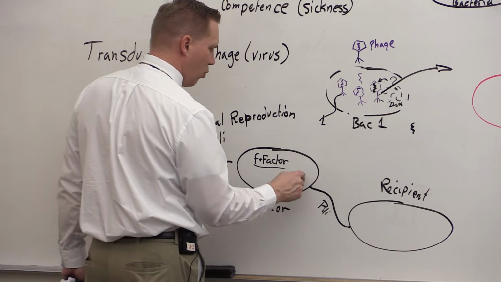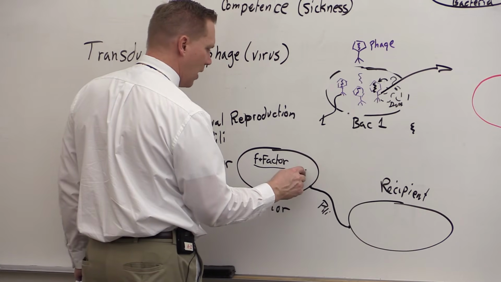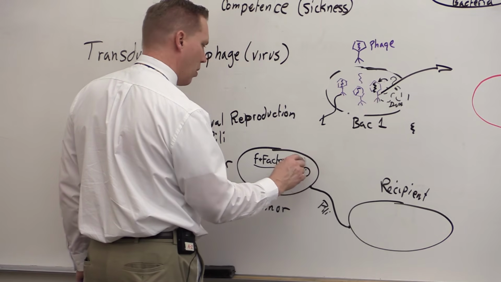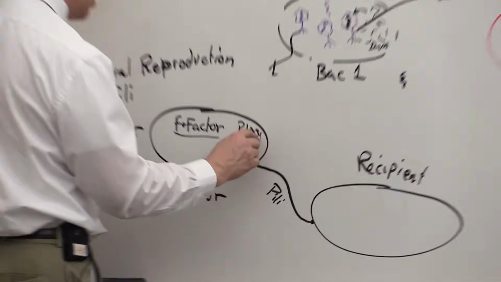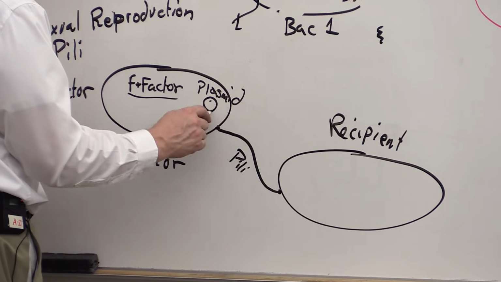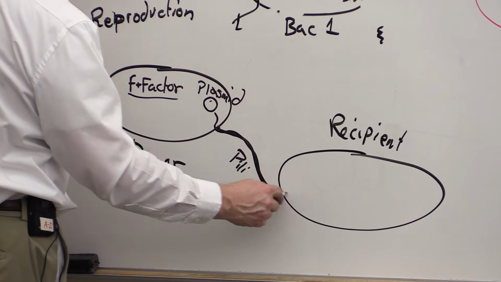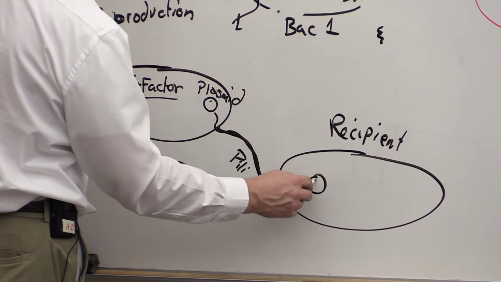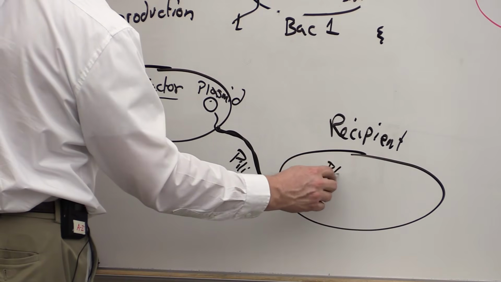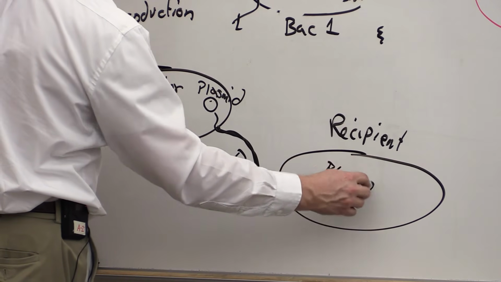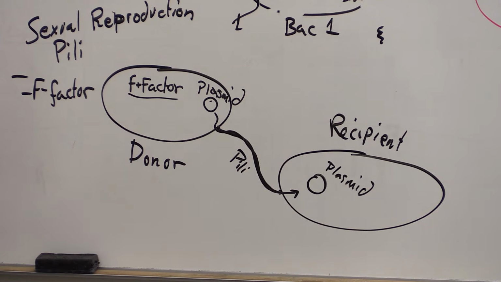And then you'll have a portion of DNA, usually a plasmid. So here's our plasmid. And the plasmid then travels through that pili into the recipient cell. And that's conjugation.